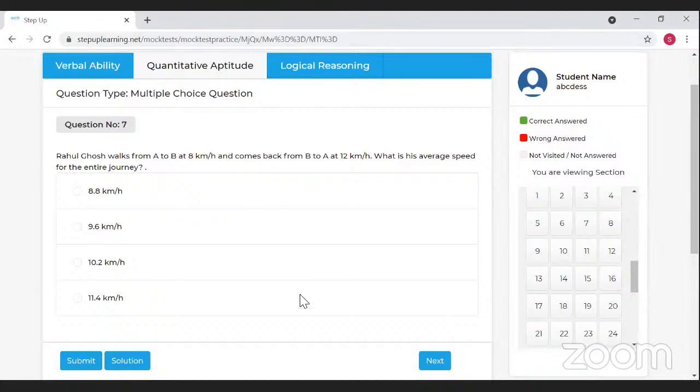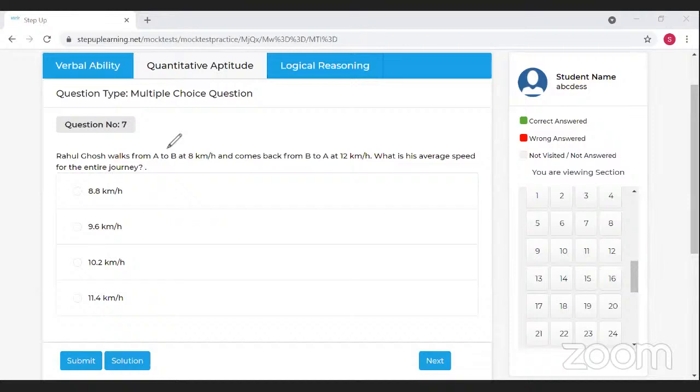It's clear. There is one more method I'll tell you that might be very helpful for new people. How have you approached this question? Can anyone give me a hint? I'm waiting for your reply. LCM method, okay. 2AB upon A plus B, okay.